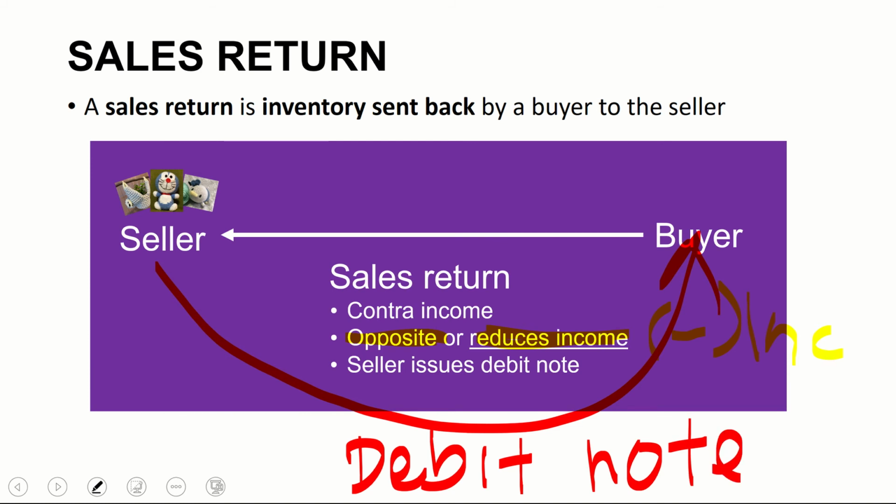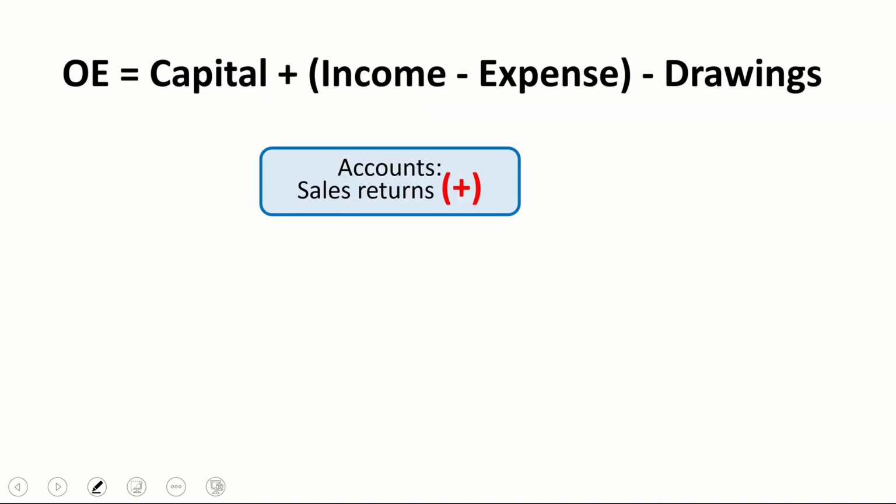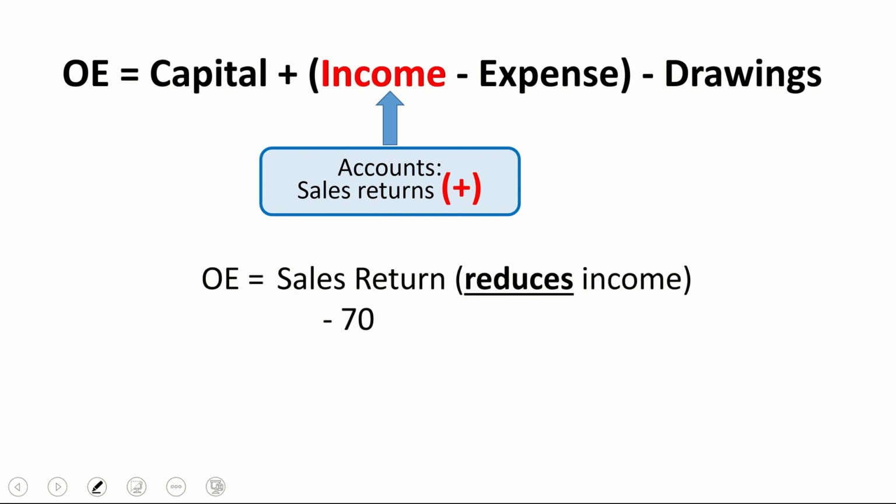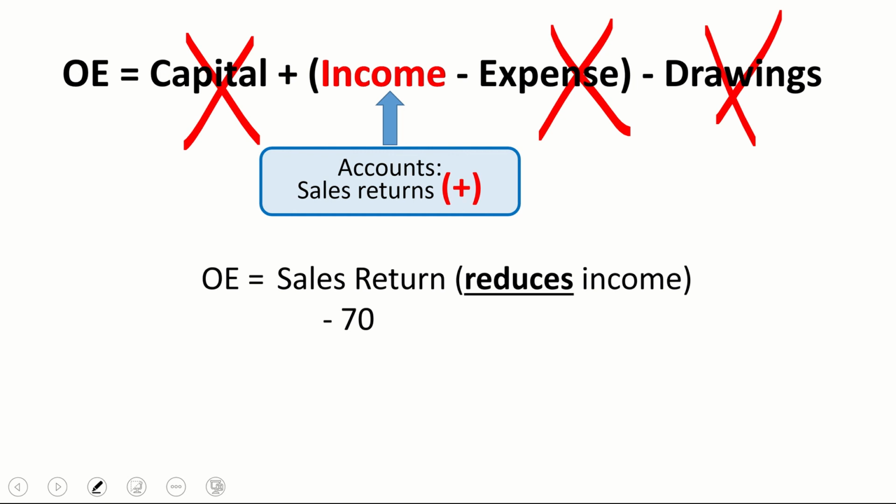It reduces income. So how does it look on my expanded accounting equation? If I have an increase in sales returns, it is shown under income. For OE, assuming everything else remains constant, when there is a sales return, we must always remember sales return reduces the income, so we put a minus sign in front of the $70.